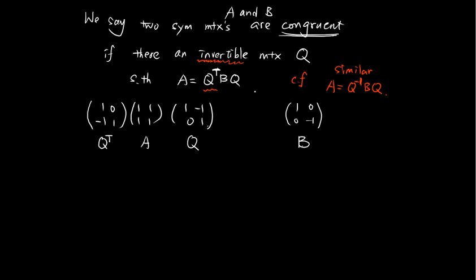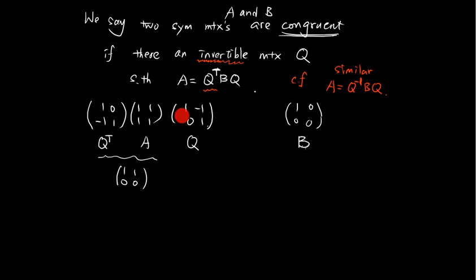So after that, this 2 becomes like this. Sorry, I wrote it wrong. And after that, you multiply this matrix with Q, and Q is again the column operation.